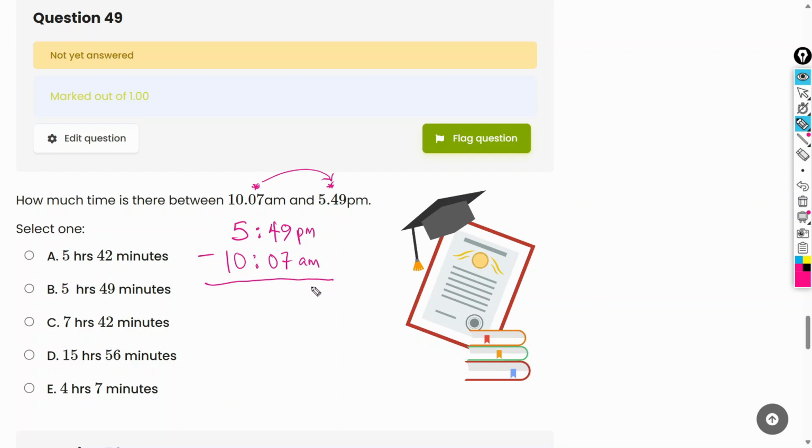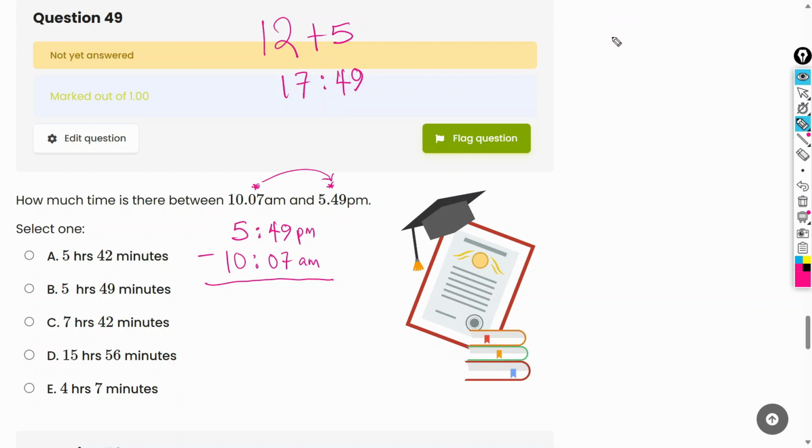Now, whenever you have to subtract a.m. from p.m., it's best to change that value to hours. So you recall that your clock, when it gets to 12, it starts counting back from 1. But in hours, after 12, you keep counting upwards until 24. So this is 12 plus another 5, which is 17 hours and 49 minutes.